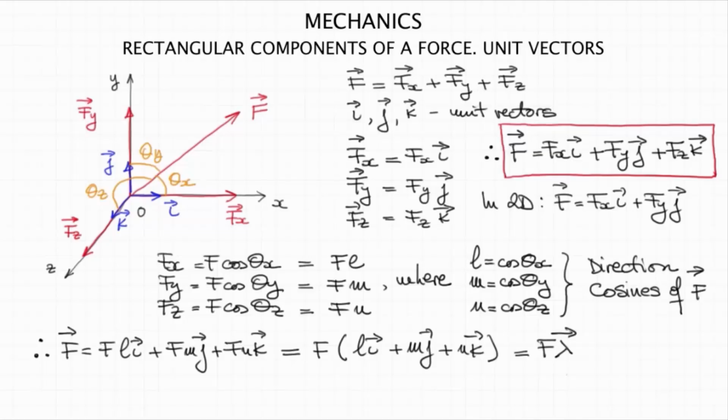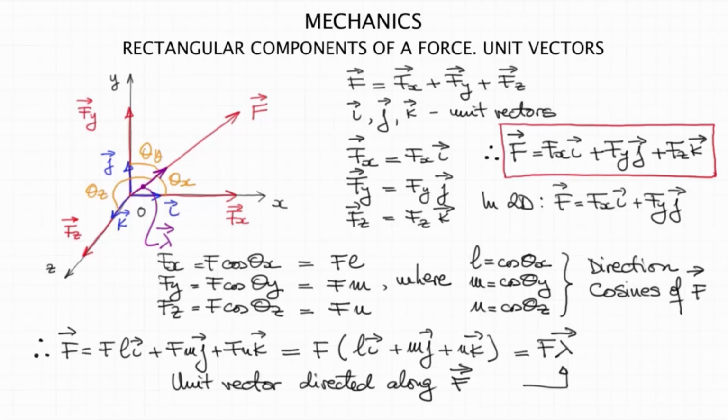So everything will be equal to F times lambda. And of course, lambda will have a magnitude of 1, so it is actually a unit vector directed along F. It defines the direction of F. So the direction of F multiplied by its magnitude gives the vector F.